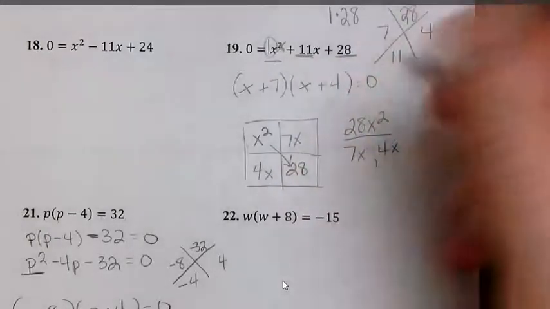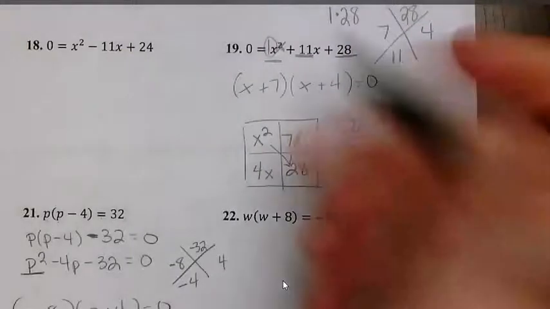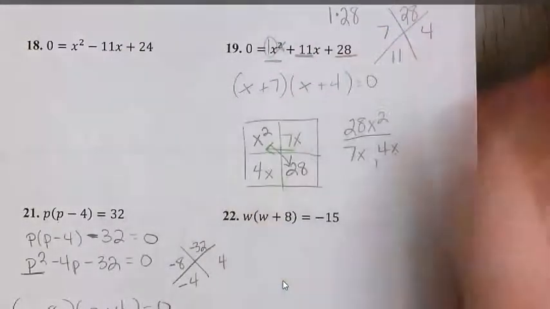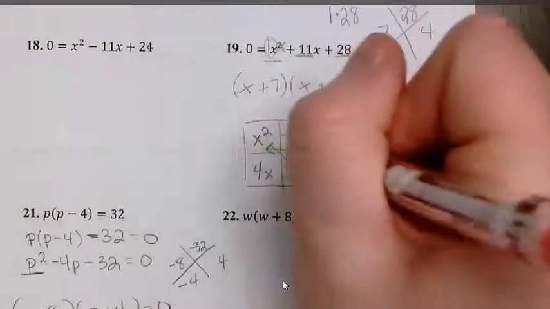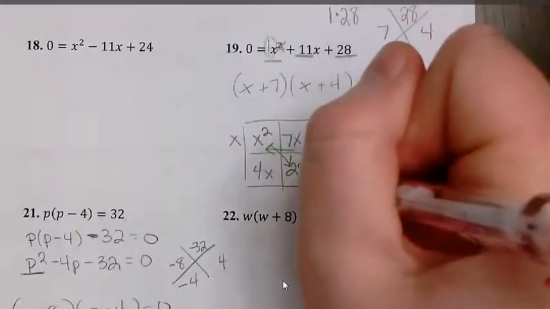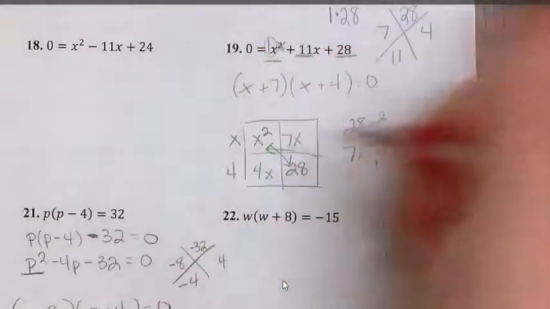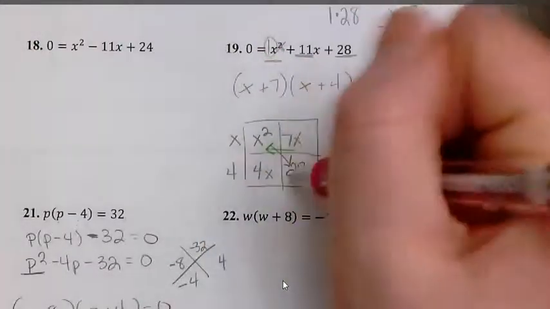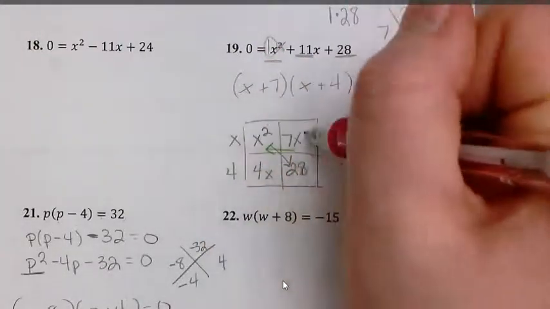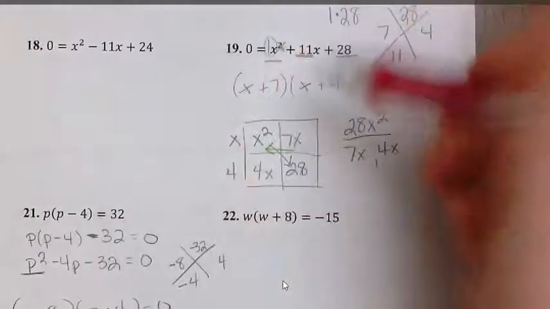So now what I'm looking at is I'm going to factor off to the left the common factor from both of these. So if you pull out the common factor between x squared and x, it's x. Common factor between 4x and 28 is 4. And then what I'm going to do is you can pull out your common factors this way, or what times x gets you x squared, because it's a Punnett square.